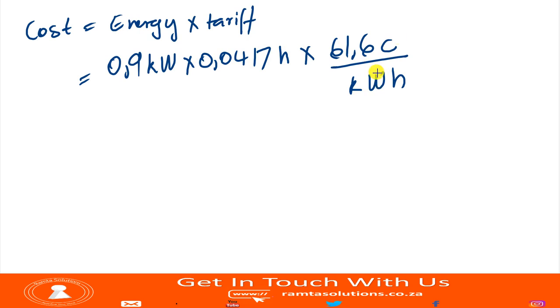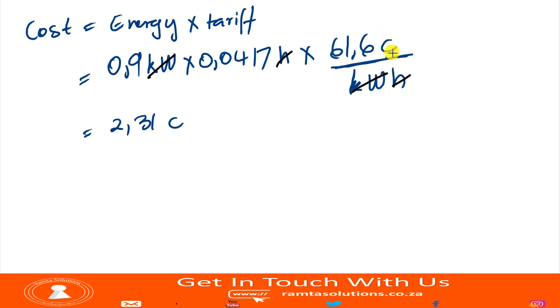You see, I said per and I wrote this as a denominator. This is to show you that the kilowatt cancels with the kilowatt, the hour cancels with the hour. Hence your answer becomes 2.31 cents. You are only left with the cents.